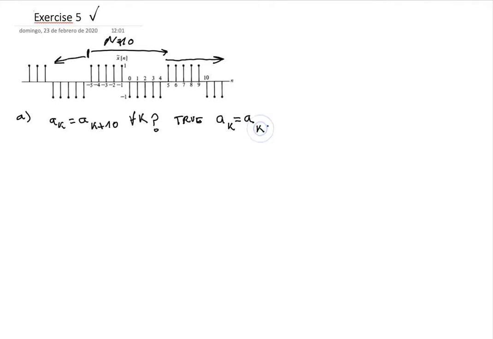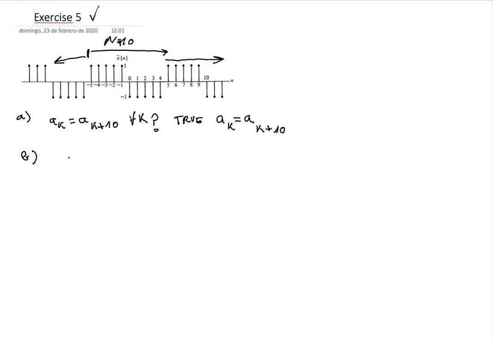So in general, we can say that for any k, a sub k equals a sub k plus 10. Okay, here you cannot see that this is going to happen, obviously, but you can for sure be sure of that. Okay, so that's number A, very easy. It's a direct application of one of the properties that we saw in class.